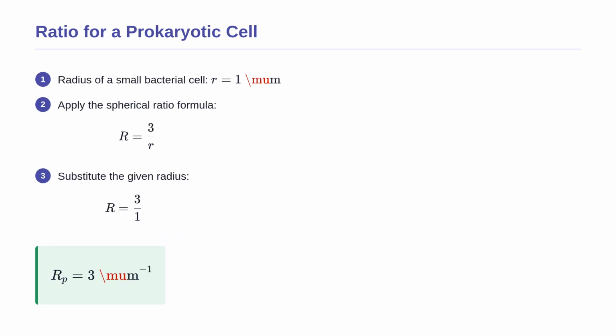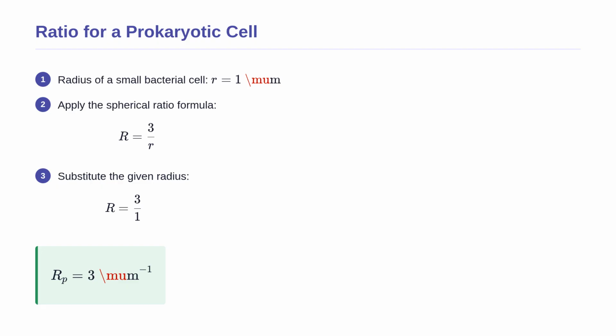Before we move on, let us see this formula in action with a concrete example. Let us calculate the ratio for a typical small prokaryotic cell, like a bacterium. We are given that this bacterial cell is roughly spherical with a very small radius of 1 micrometer. We want to find out exactly how much surface area it has to support its internal volume.